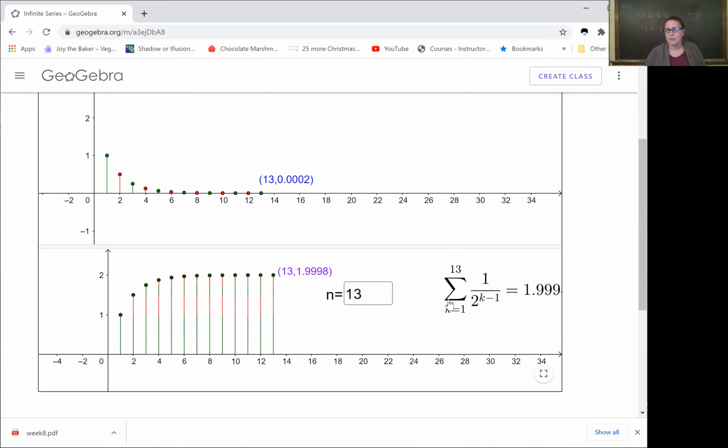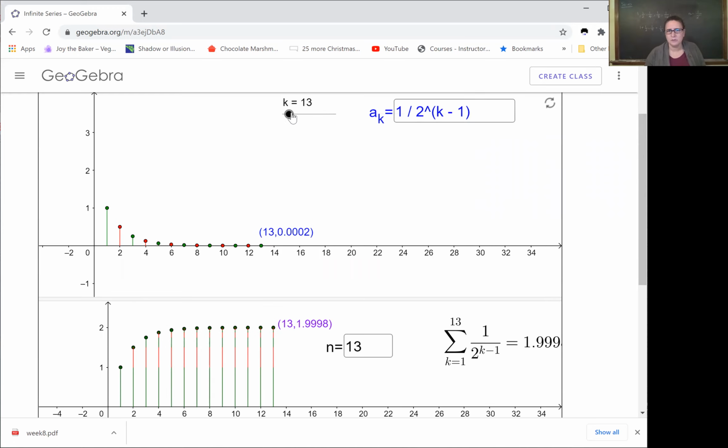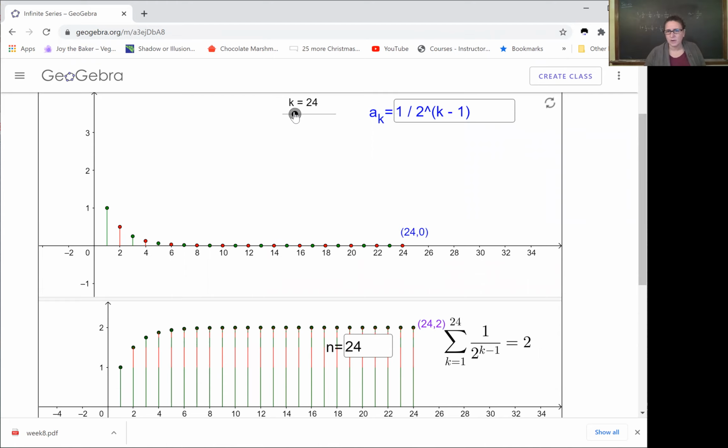So as the number of terms that I'm adding increases, we can see in this example that this sum does look like it's not going to go too far. So if I make it go bigger now, okay, now we're at 2. Now, at that point, after n equals 24, n equals 25, it's actually going to continue to 2, but it's only rounding up to 2, right?